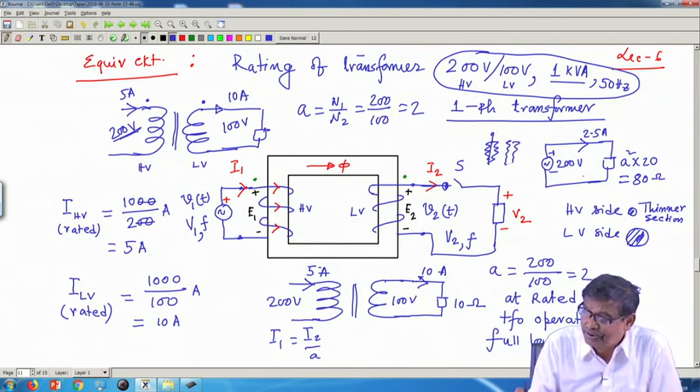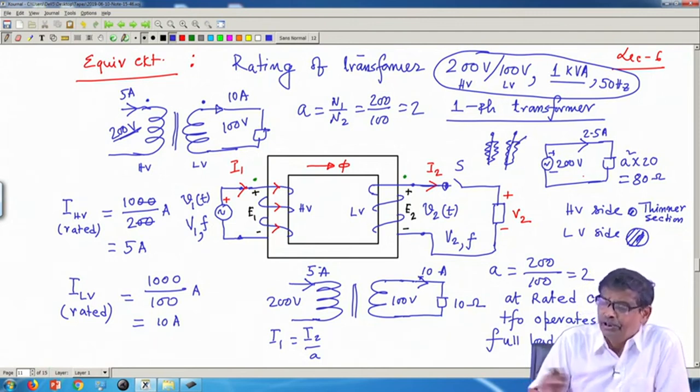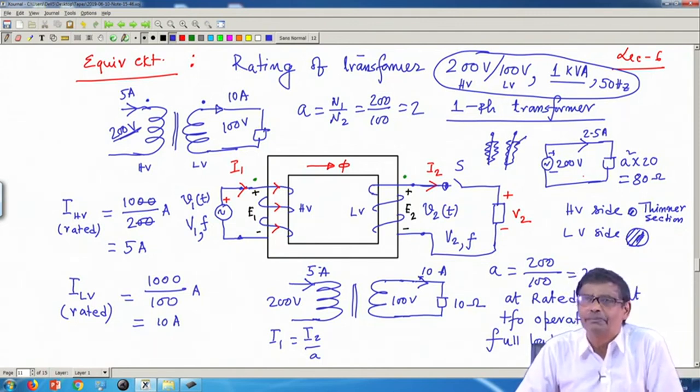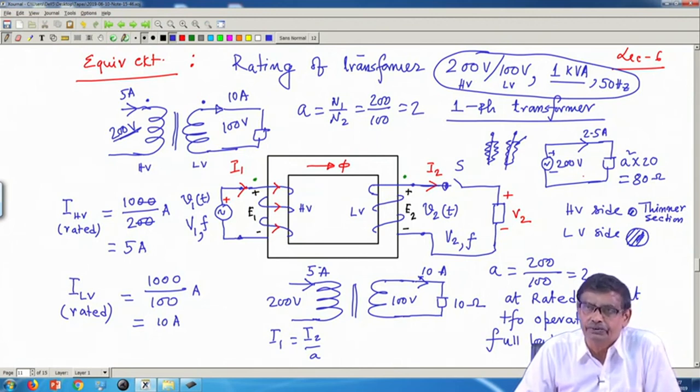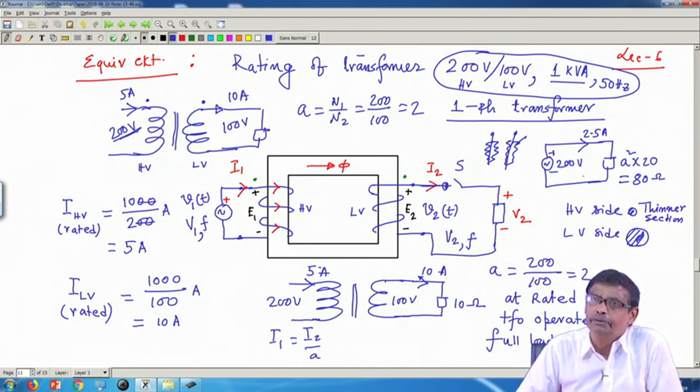So, these are bushings, so these are insulation. Okay. So, insulation level will be decided by the voltage rating of the transformer, and cross sectional area of the copper wire with which you make the coils, they will be decided by the rated currents of the transformer.